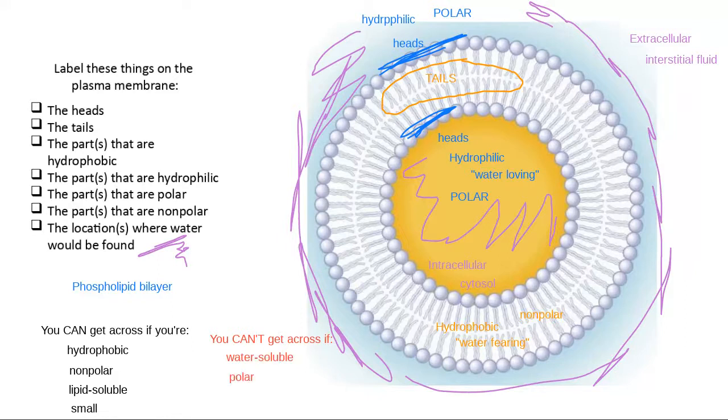If you are polar, so if you don't share things equally, absolutely. If you are large. And our one other one that we had way at the beginning, if you're hydrophilic. If I tell you what you're looking at is any of these things, doesn't matter who you are, if you're hydrophilic, not going to let you through.